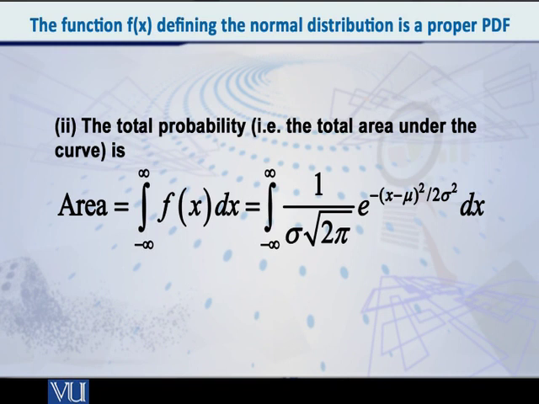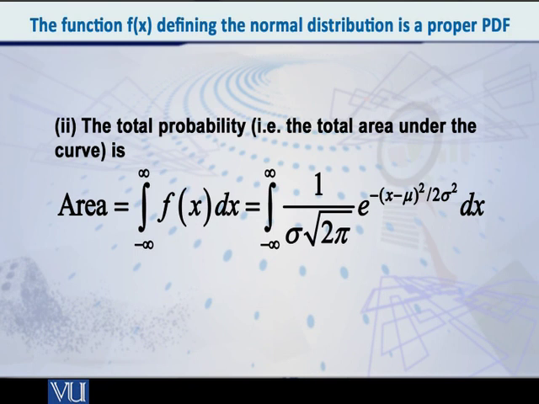Very simple. Let us simply start with the word area. And what is this area equal to? It is the integral from minus infinity to infinity of f of x with respect to x, obviously.